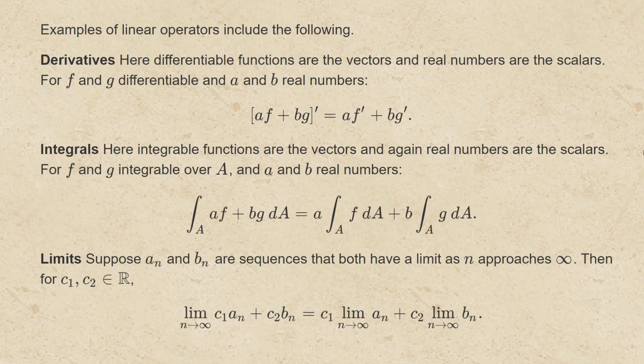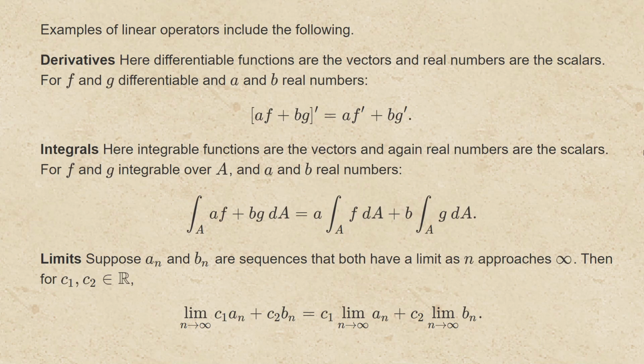With integrals, here integrable functions are the vectors, and again real numbers are the scalars. For f and g integrable over the set A and little a and b real numbers, the integral over A of af plus bg with respect to the differential element of big A is a times the integral of f plus b times the integral of g.